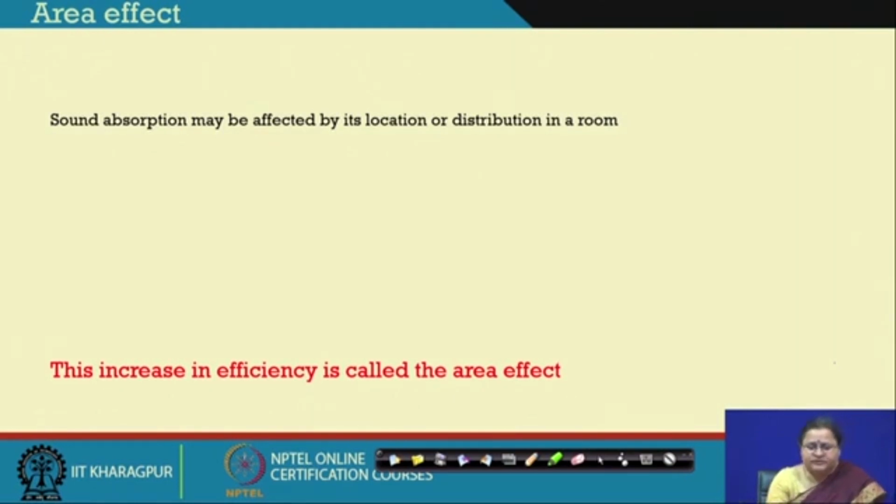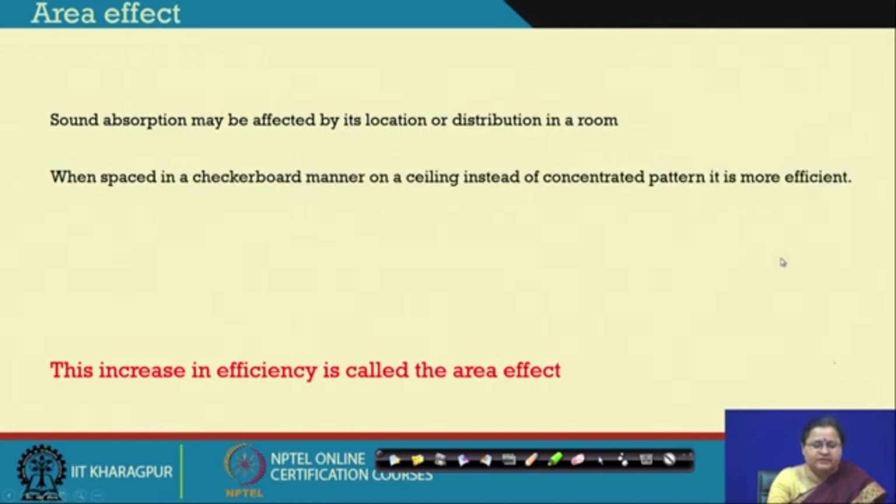Based on putting the absorber in different locations, we can get different effects, and that is called the area effect. When spaced in a checkerboard fashion on the ceiling instead of a concentrated pattern, it is found that it is more effective. I will give you a simple example just after this slide.